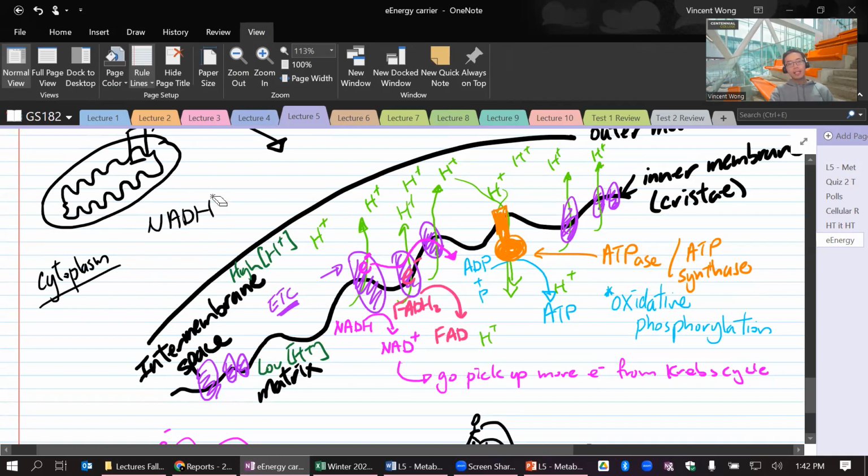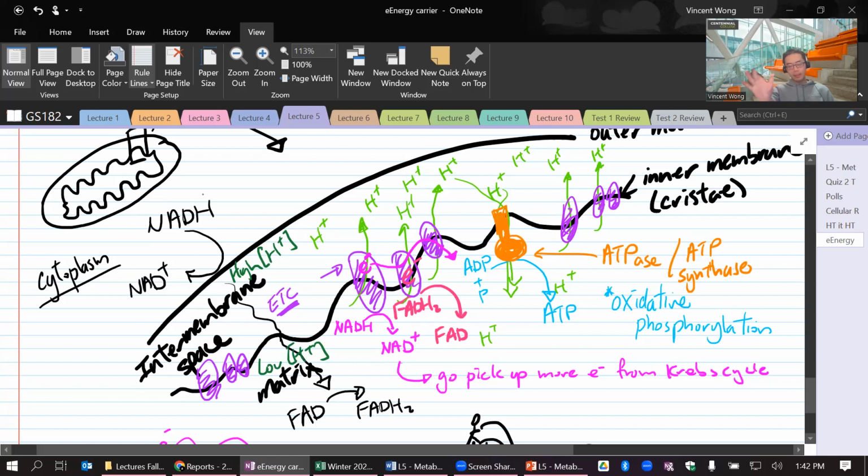But it turns out NADH is really big. It's too big to go into the matrix. And so instead of having the NADH go into the matrix, it's just going to pass the electron along, and then the electron will go through and a pair of FAD will pick them up.